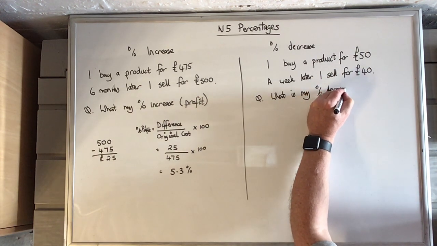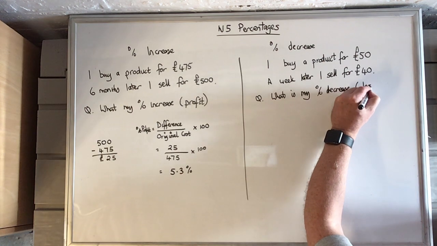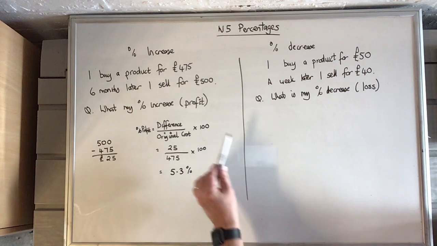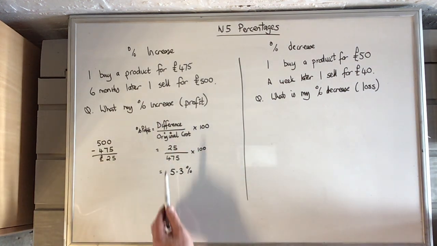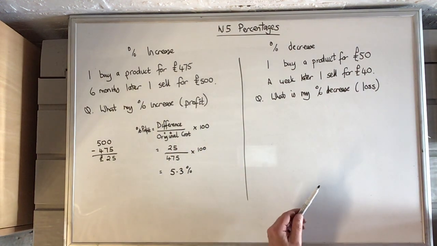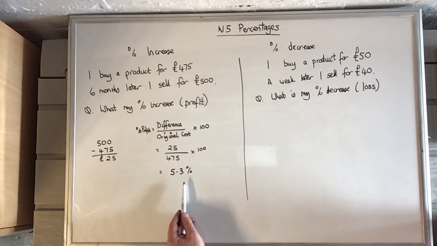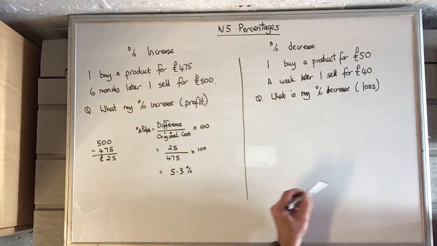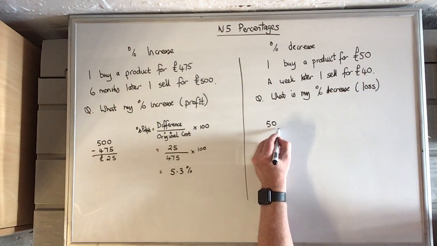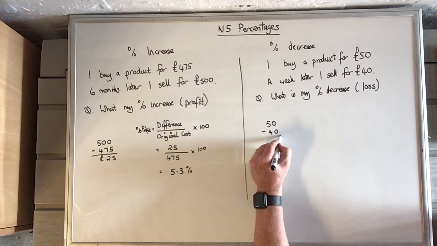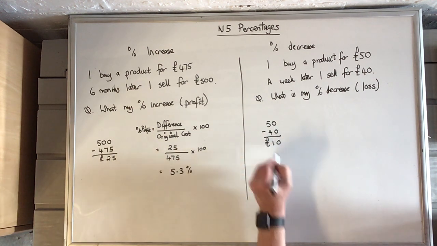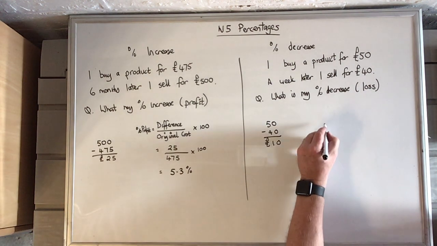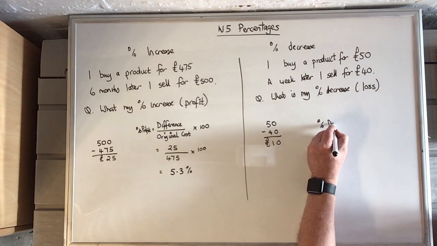A decrease in a percentage means a loss. So I've actually lost money in this. So what's my loss? Looking at your last question over here, it's exactly the same idea, but in this case it's going to be a loss in percentage. No, that's an increase because we made money. We're losing money here. So 50 minus 40, numbers dead easy, £10. I've lost £10, but what percentage loss is that?